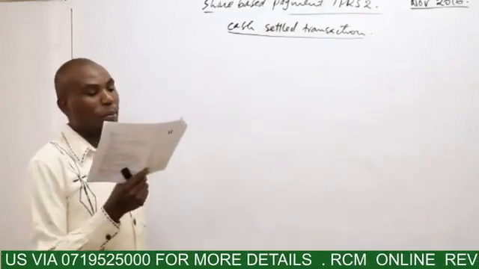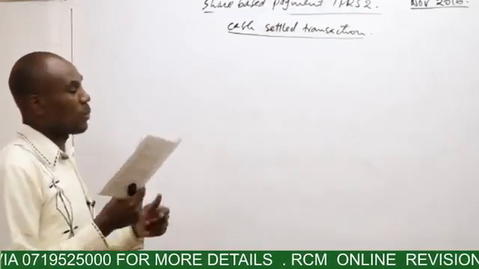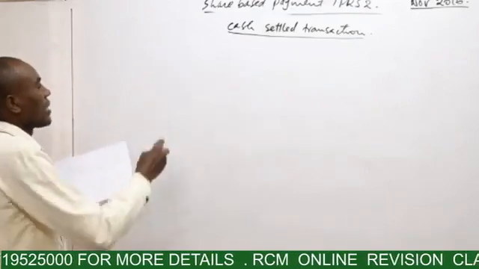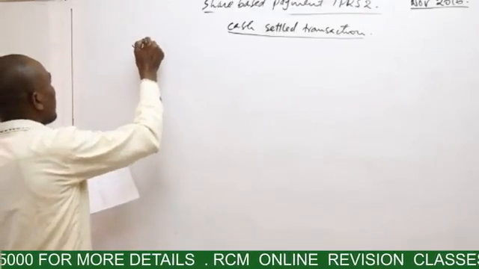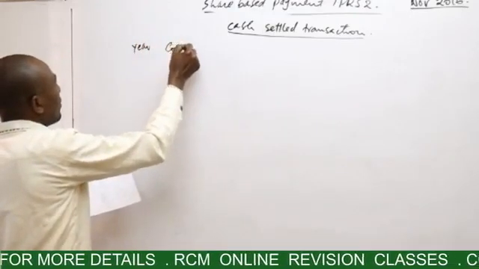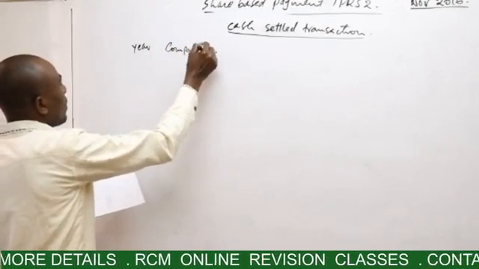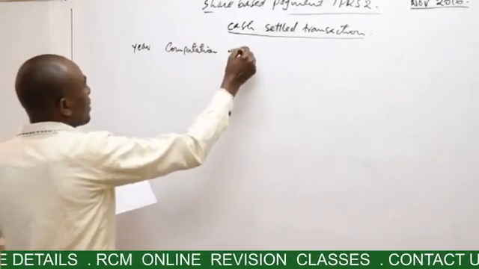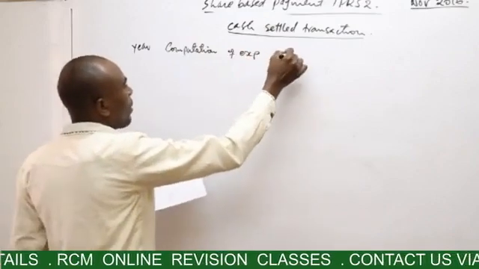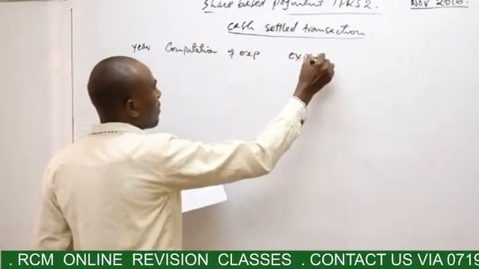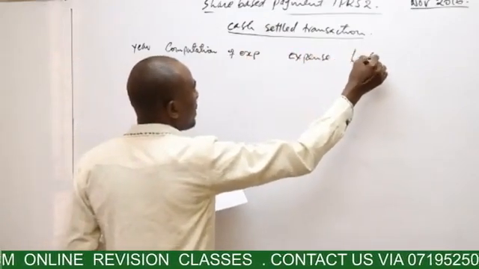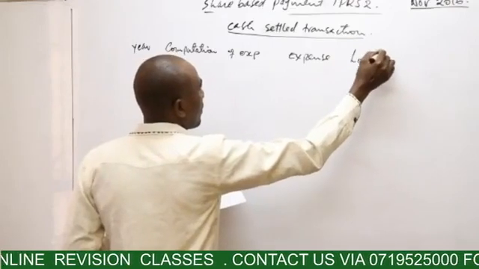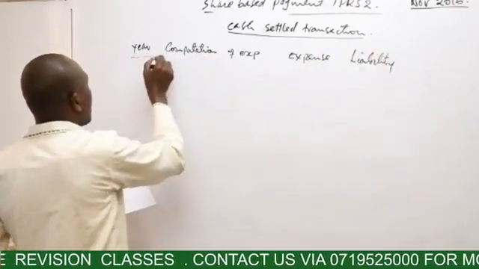The following information in relation to the 3 years was availed. Therefore, here we shall say computation of expense. Then we report the expense. Then we have the liability.